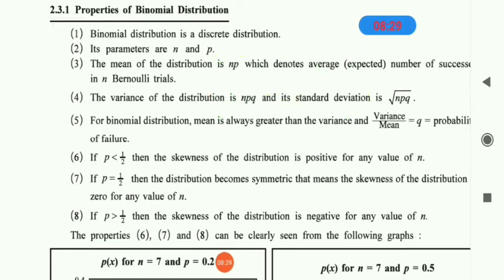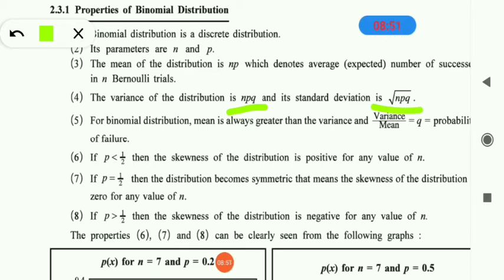Third, the mean of the distribution is np. Fourth, the variance of the distribution is npq and the standard deviation is the square root of npq.